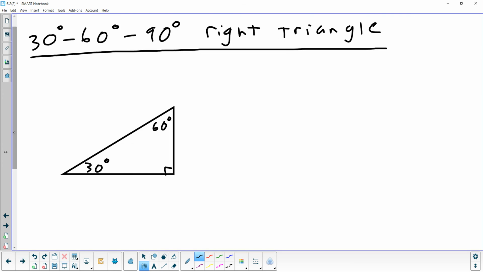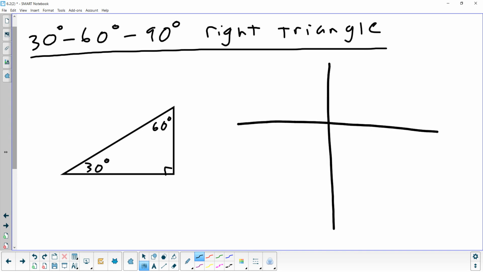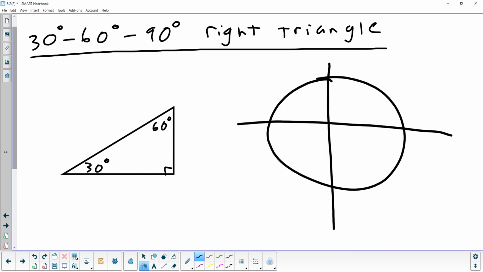All right, let's look at the 30, 60, 90. This one, you have to be a little bit more clever to figure out the coordinate. So let's start with the 30.